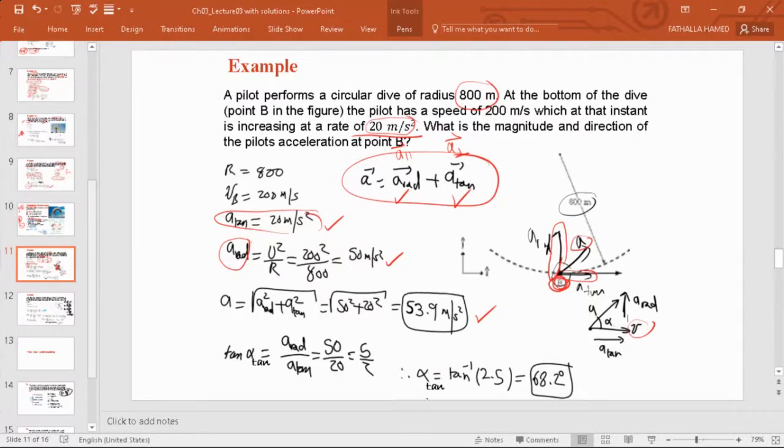So the angle alpha will be tan of A rad over A tangential, which will be 50 divided by 20, giving you 2.5. So you're talking about tan inverse of 2.5, and it will give you an angle of 62.2 degrees. So the angle alpha here is the angle between your velocity and your net acceleration. Is this clear?